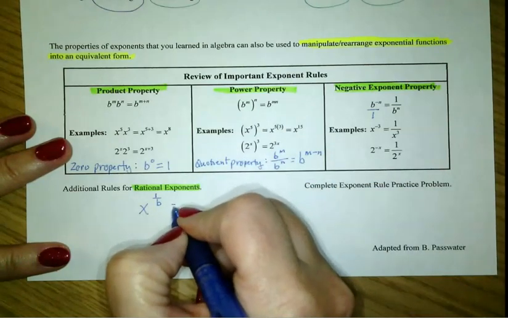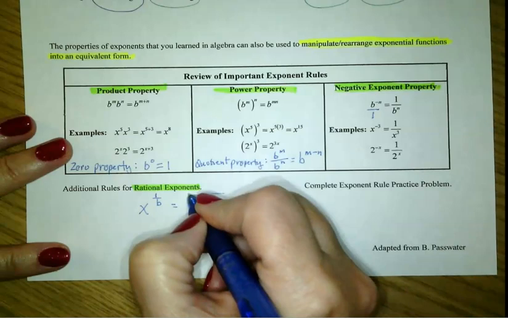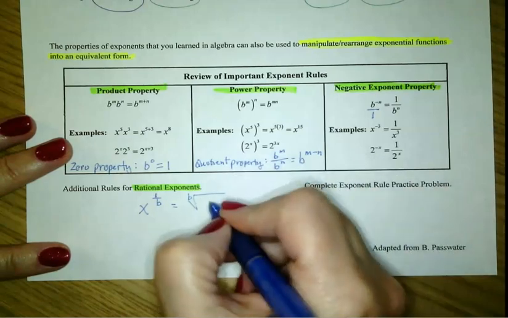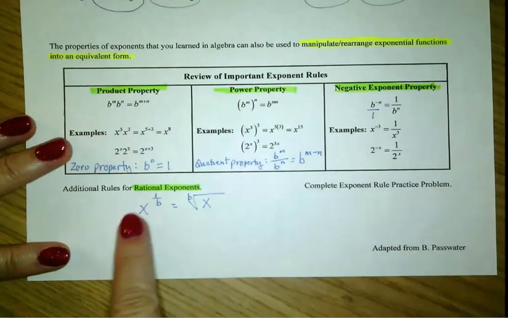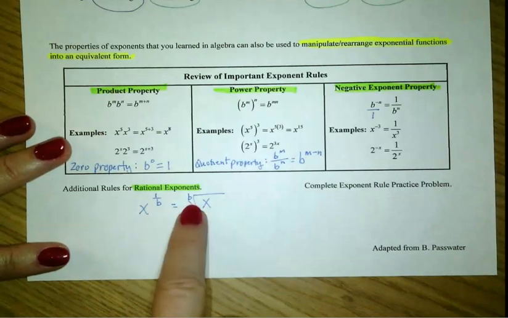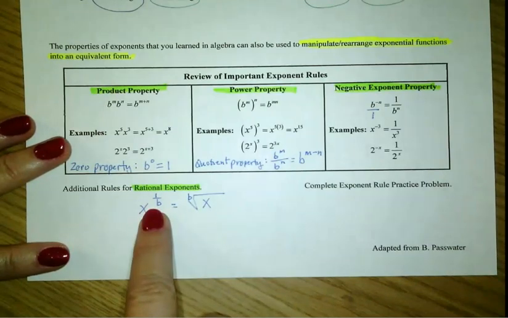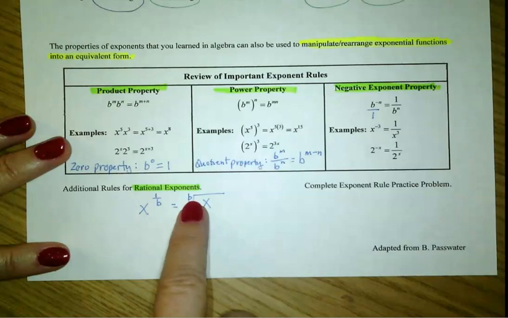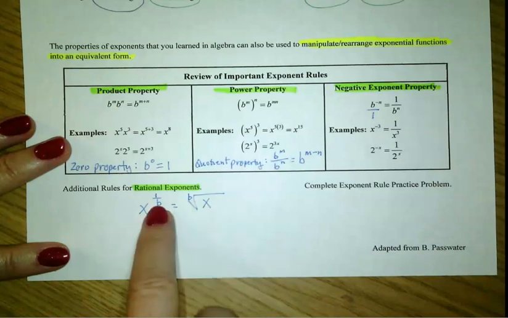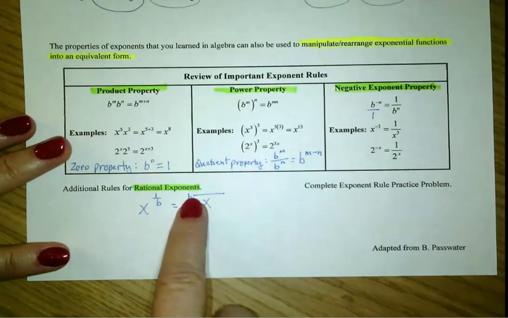But basically what that means is you're taking whatever that b is, that's the root, and x is inside. So if this is to the 1/2 power, then that's just the square root of x. If that's to the 1/4 power, then it's the 4th root of x. So the denominator of the rational exponent is the index.